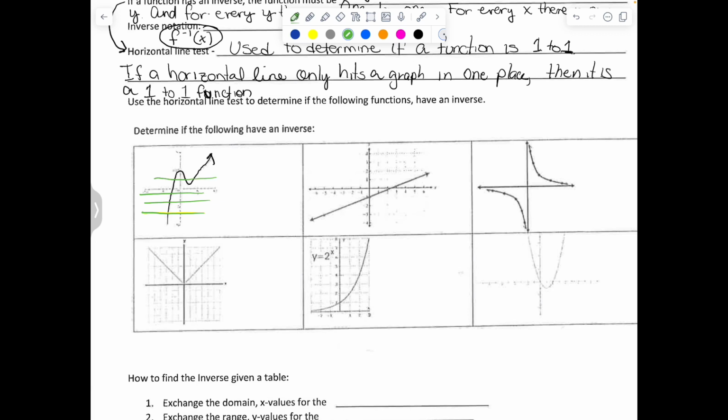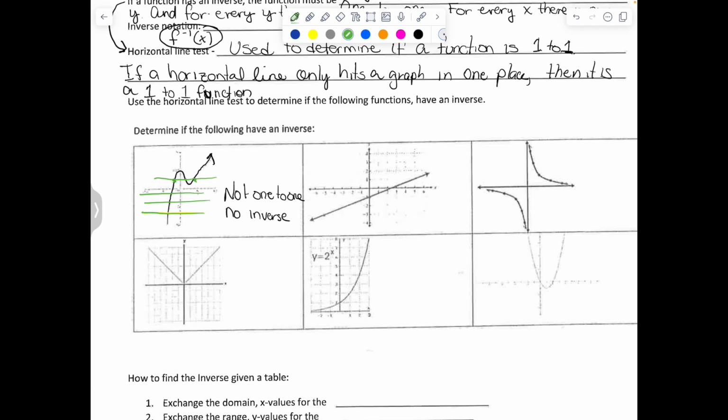But then here, it's no longer passing. This horizontal line hits the graph 3 times. So this cubic function is not 1-to-1, and therefore it has no inverse.